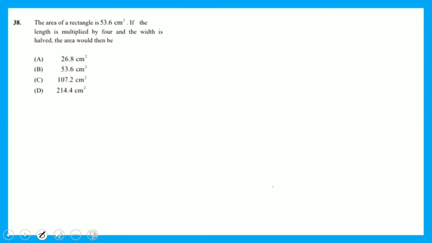Number 38, the area of a rectangle is 53.6 centimeters squared. If the length is multiplied by 4 and the width is halved, the area would then be... All right, so we have a rectangle. The area is 53.6 centimeters squared. So of course, again, we can look at the formula. Length times width is equal to the area, which is 53.6.